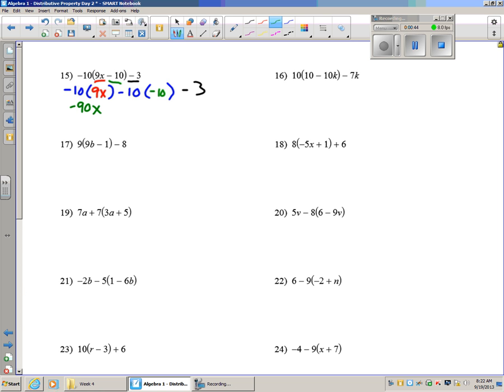Negative 10 times negative 10, that's positive 100. And then, of course, the negative 3 just drops down. The negative 90x just drops down. And then 100 minus 3, it's positive 97.